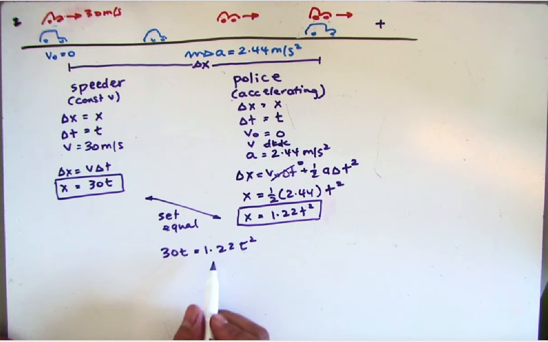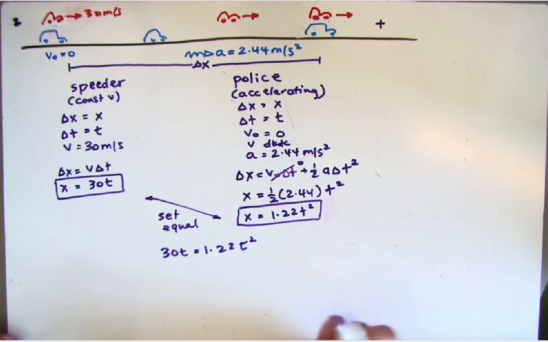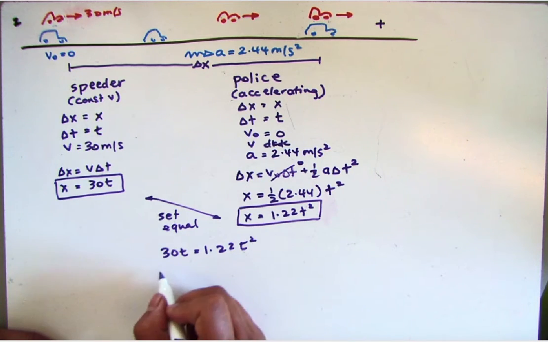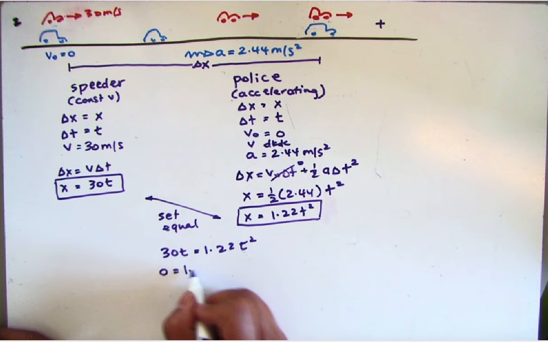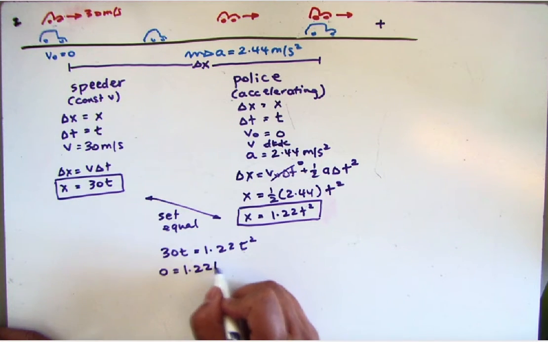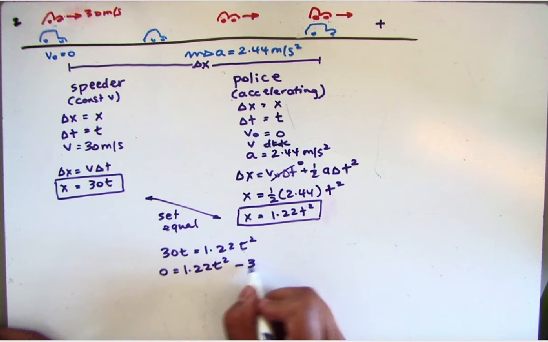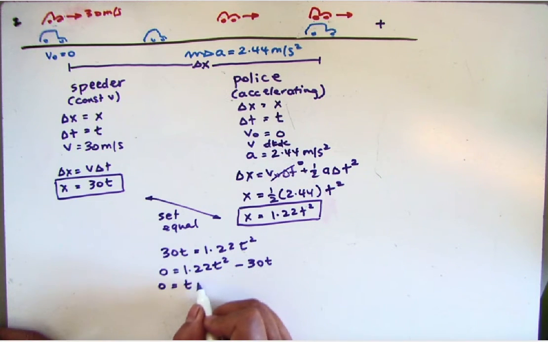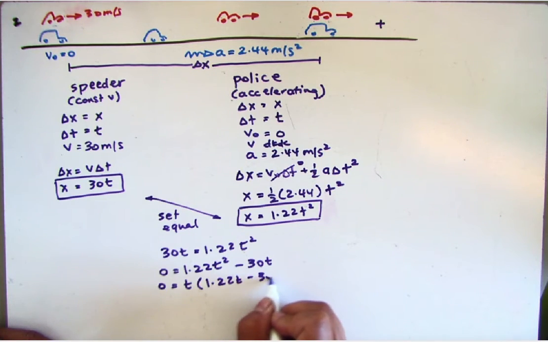Now, in order to solve this equation, I can do it a couple of different ways. Mathematically, the way you'd probably do it in math is you'd set it equal to 0. So 0 equals 1.22t squared minus 30t. And then you can factor out a t, so you end up with t times 1.22t minus 30.